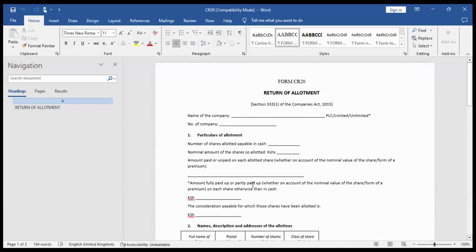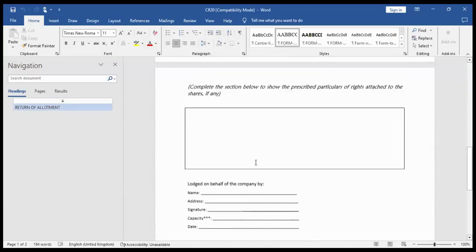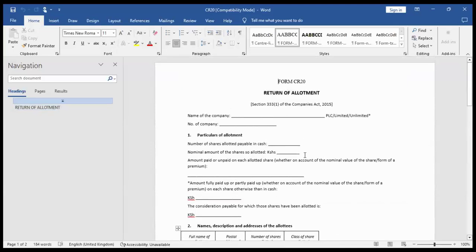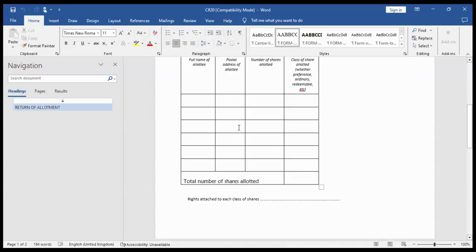So that is the process. Allotment is the CR20 form, and the relevant section is section 3.1, and then the transfer, of course, is what Katie had talked about. And you get your 5 marks.